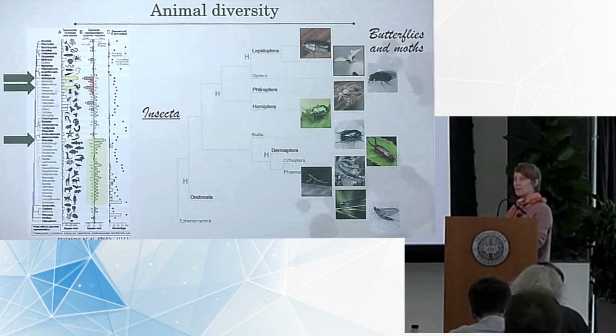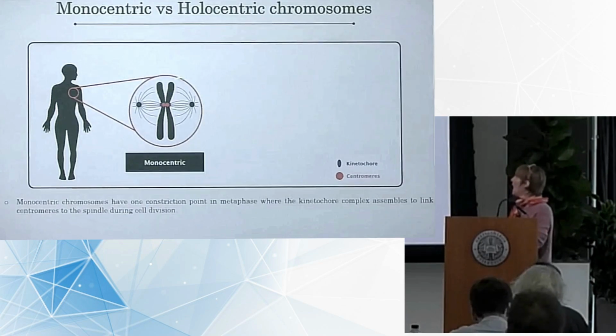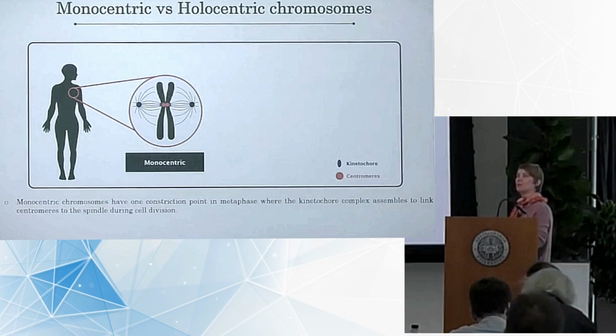So what does holocentric mean? Most known and studied organisms are monocentric, meaning that they have only one centromeric region per chromosome, which is at the constriction point between sister chromatids on metaphasic chromosomes. Here assembles a protein complex called the kinetochore, which links the centromeric chromatin to the spindle during cell division.